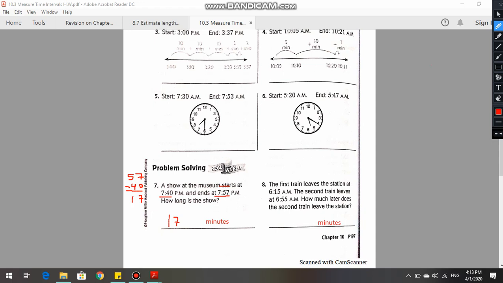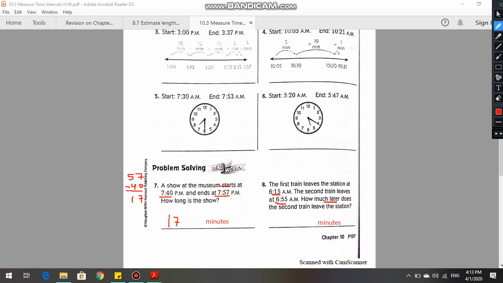Now number 8, the first train leaves the station at 6:15 a.m. The second train leaves the station at 6:55 a.m. How much later does the second train leave the station? It left the station after the first train by how many minutes?